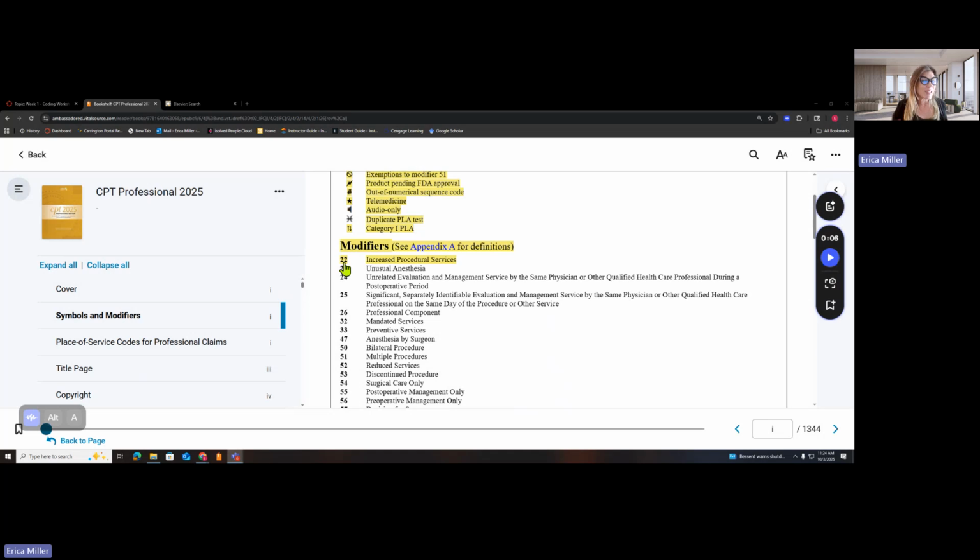Modifier 22. Let's say that the time typically involved for a procedure is 30 minutes. The doctor goes in and starts working on the patient. The patient has lots of scarring, and he had to cut through a bunch of scar tissue. Then there was excessive bleeding. All of this added up to increased procedural services, time, equipment, supplies, all the good stuff.